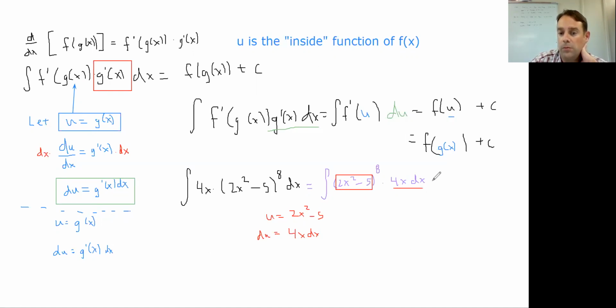So if I do a little bit of substitution here, we said let u be the inside function. So here's my u, and 4x dx, well, that was the same thing as du. Now the problem is a lot easier to integrate.